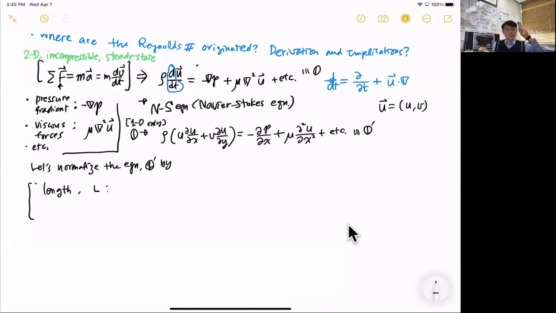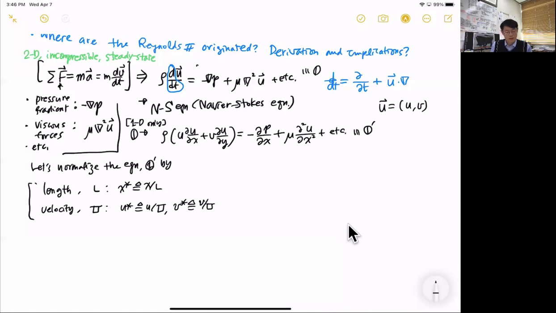If it's a duct, it can be a diameter; if it's on top of an airfoil, it could be the length of the pipe or the distance. So we define x star as x over L. Velocity we normalize with capital U, the original speed of the flow, so u star is u over U, or v star is v over U for the two-dimensional case.